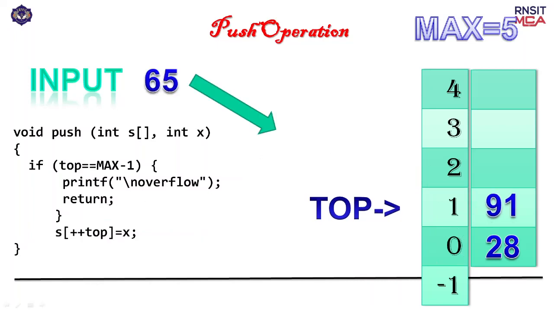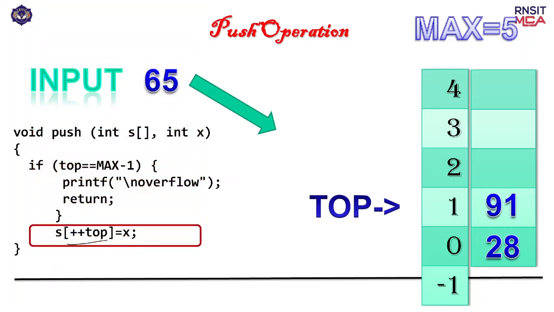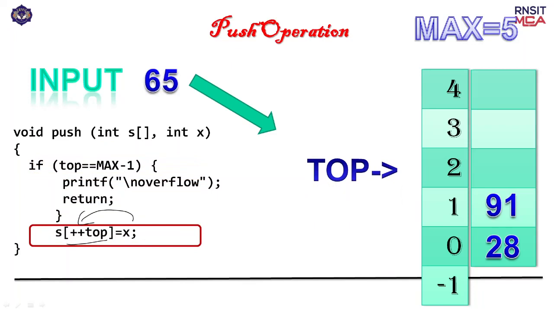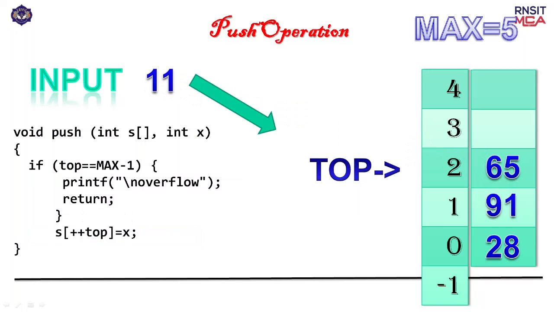Next, 65. If you want to store, first you check whether top is at maximum - 1. No. Then you first do top plus plus, increment the top by 1. Then you store the value of X into the stack. Yes, 65. Same way, 11.